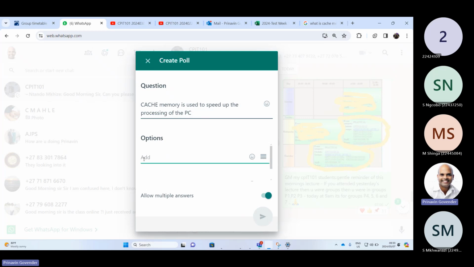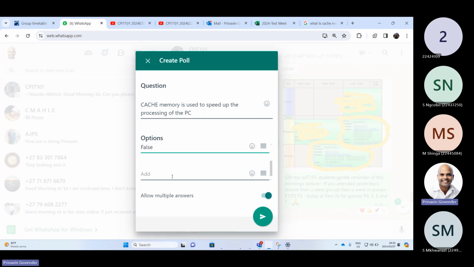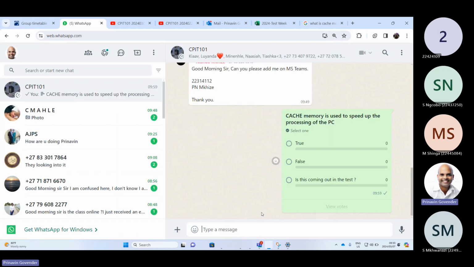True or false? Take your phone out, WhatsApp, answer the question. Which other lecturer allows you to keep your phone on in class? Come on. And we shall end at that point.